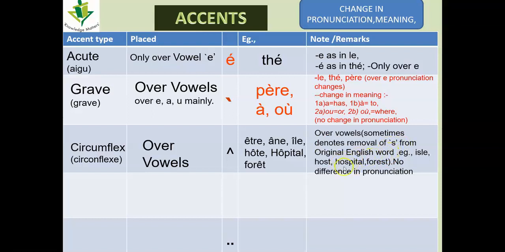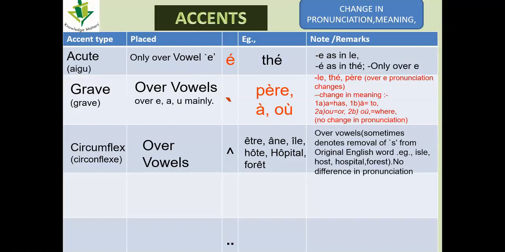For example, hôpital is the short form of hospital. S is removed, so O has got a circumflex. Forêt is the short form of forest. S is removed, E has got a circumflex. This is not so in all the cases, but in many cases you will notice this.